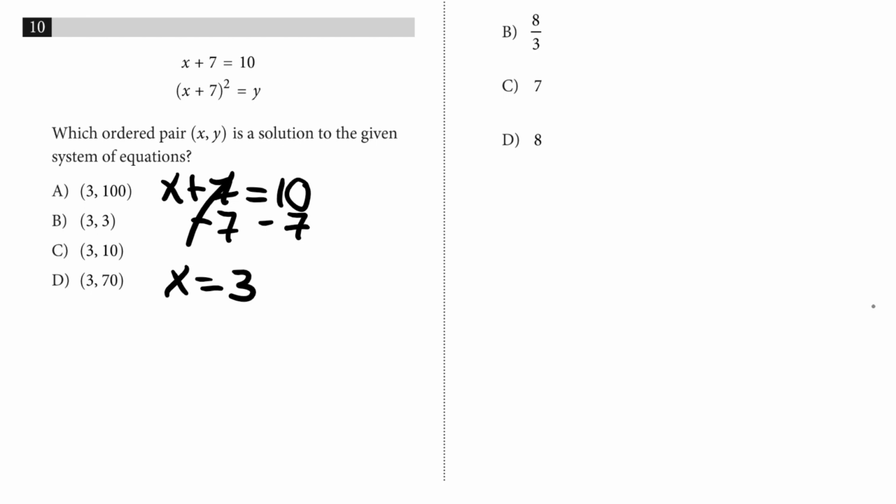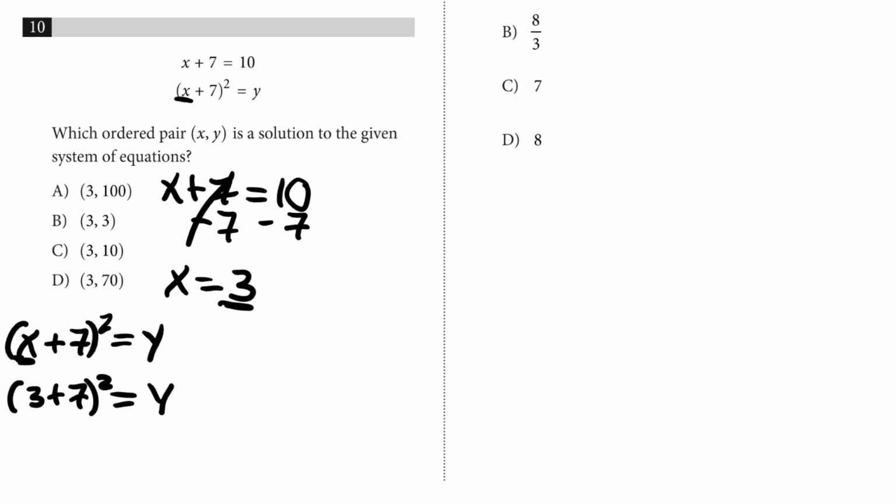Next, we're going to plug in 3 in for x in the other equation. The other equation is (x plus 7) squared equals y. Instead of x, we're going to plug in 3. That's going to be (3 plus 7) squared equals y. 3 plus 7 is 10, and 10 squared is 100.